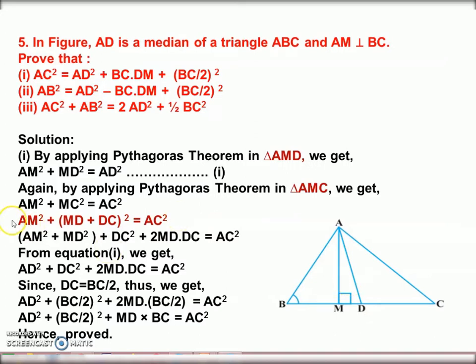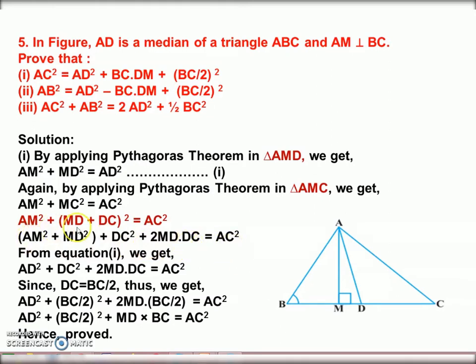Now here this is the important step. That is, MC has to be replaced with MD plus DC, the whole square. So you will expand this using the identity (A plus B) the whole square. You will get AM square plus MD square plus DC square plus 2 MD into DC is equal to AC square.